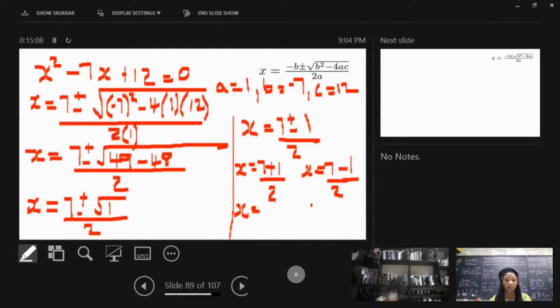The first one gives 8 over 2, which is 4. And the next one gives 6 over 2, which is 3.